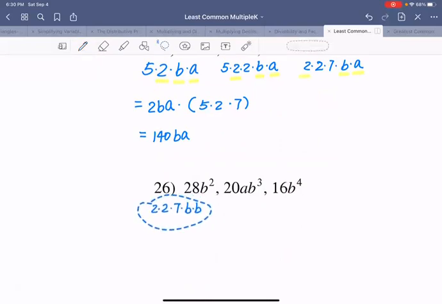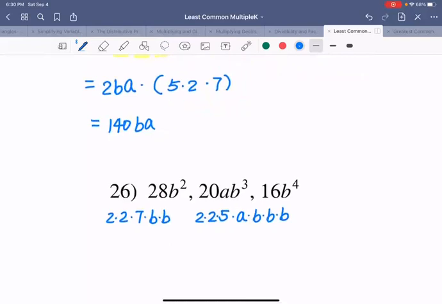And then 20 is 2 times 2 times 5 times A times B times B times B. And then 16 is 2 times 2 times 2 times 2 times B times B times B times B. Okay. So there are 2 2's. There are two B's.